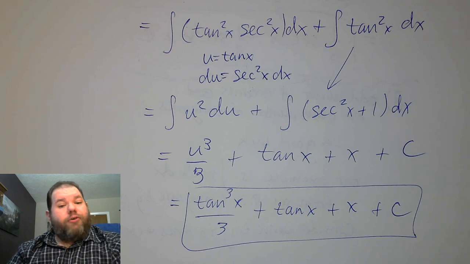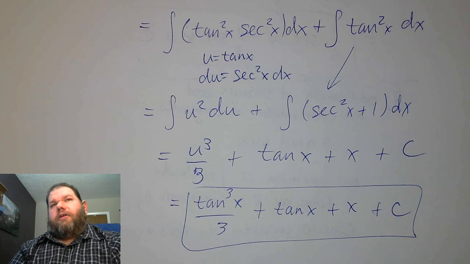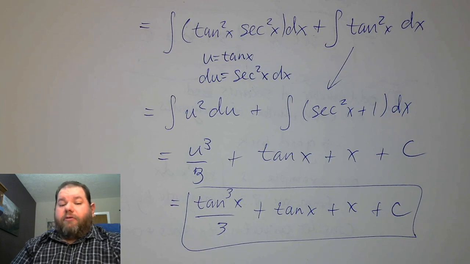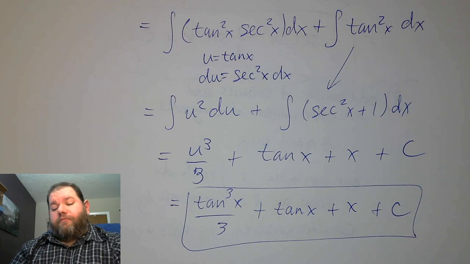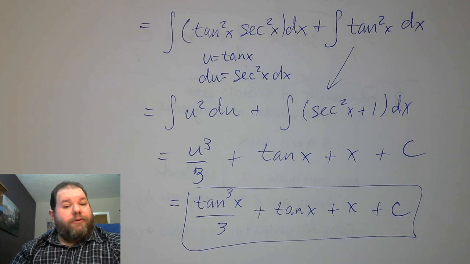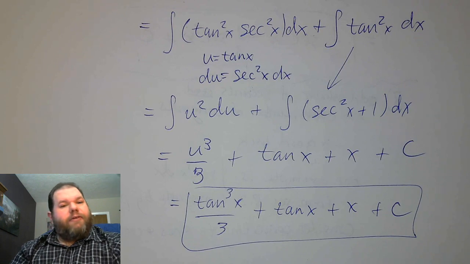It's especially important in cases such as this, where if we have sine and cosine, we're looking for the one that has the odd exponent, and we're splitting that up. Or if they're both even, we use the power-reducing identities. For secant and tangent, we either have an even number of secants or an odd number of tangents. We split those up accordingly. And if we don't have either one of those things, then we just do trial and error. That's kind of our summary of how we deal with those things.